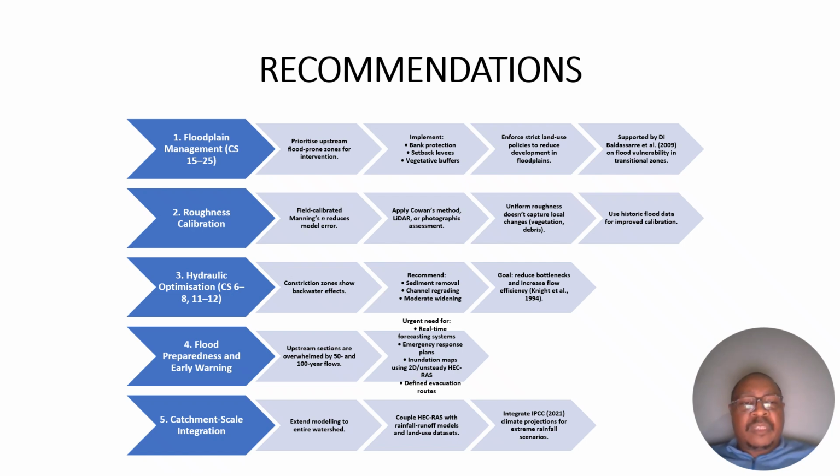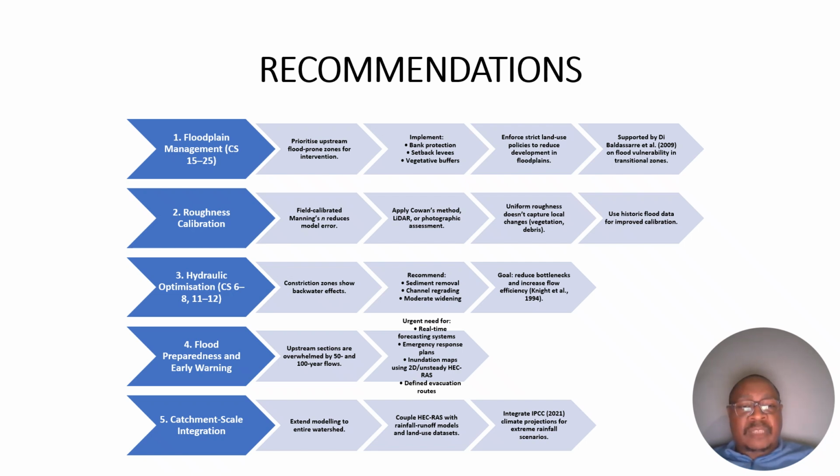And then number 2, the roughness calibration: field-calibrated Manning's n reduces the model errors, and also apply the Cowan method. 3, the uniform roughness doesn't capture local changes, that is in terms of the vegetation or the debris, and then the use of historic flood data.